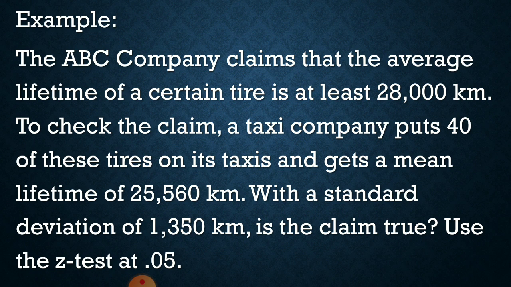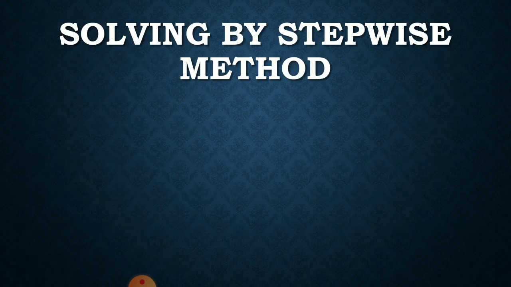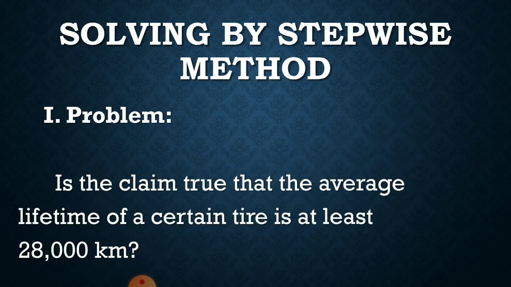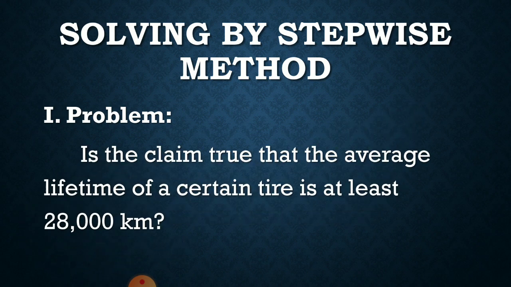So, solving by the stepwise method, first is to identify the problem. From the example, the problem is: is the claim true that the average lifetime of a certain tire is at least 28,000 kilometers? Then, formulate your hypotheses.